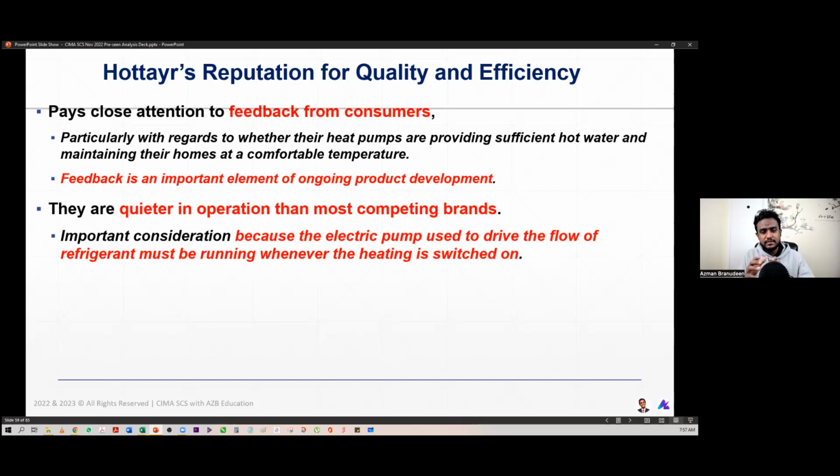But our products, our evaporators, are quieter in operation, because the electric pump used to drive the flow of refrigerant must be running whenever the heating is switched on. So that's when you see the motor working. And that being quiet is a great thing, especially in locations where you don't have good insulation against sound, where sound easily travels.